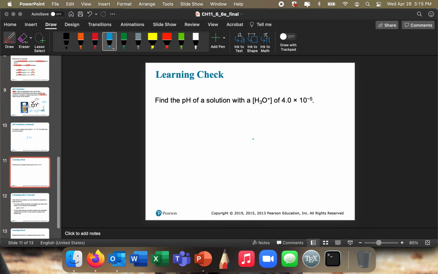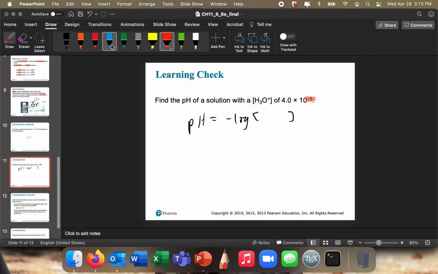Okay? Let's do a learning check. Now you do it. Pause the video, calculate this, and come back and compare your answer against mine. Okay, so suppose you paused it, and we know that pH is equal to minus log of that stuff right there. It looks like the pH is going to be close to 5 because it's 10 to the minus 5.